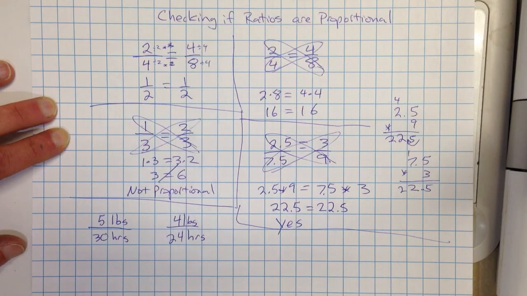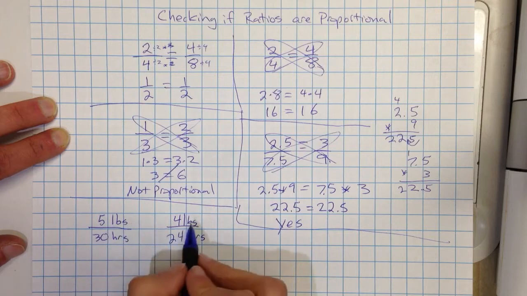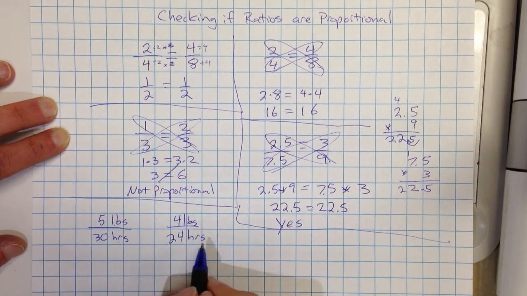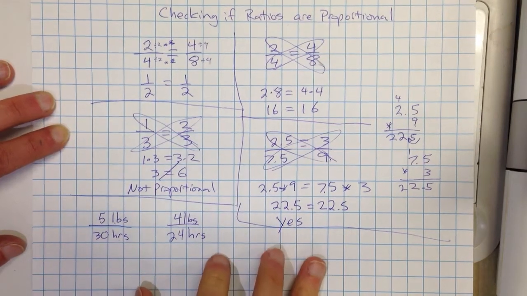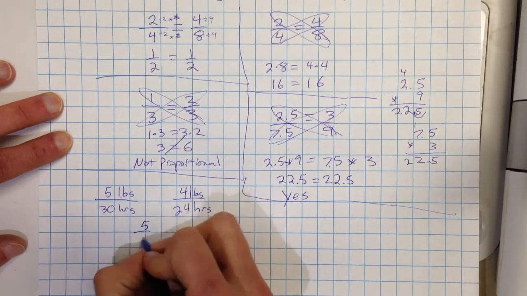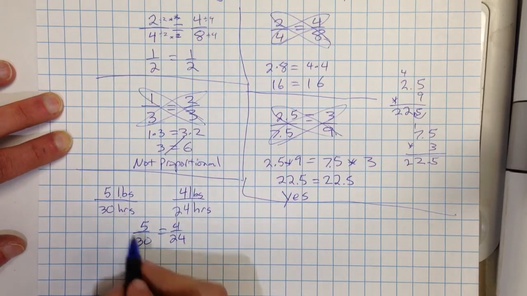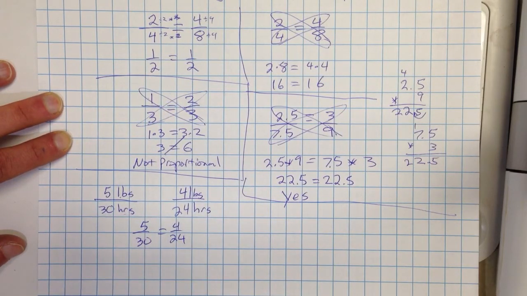So I would take the word problem, and I would write out my ratios, keeping pounds on the top and hours on the bottom. If I've done that, then I can really easily just set it up. 5 over 30 equals 4 over 24. I can't easily multiply, or well, I could do some simplification. That's one way to do it.